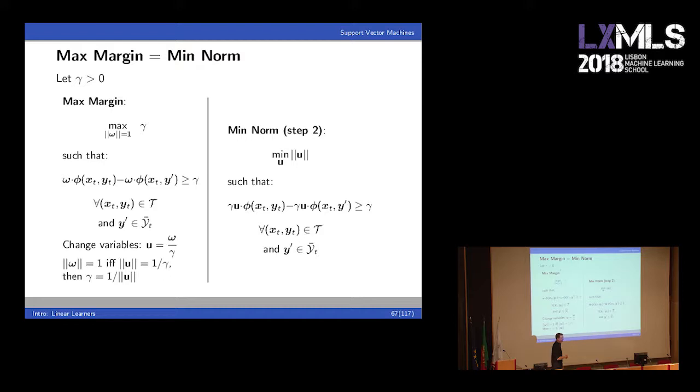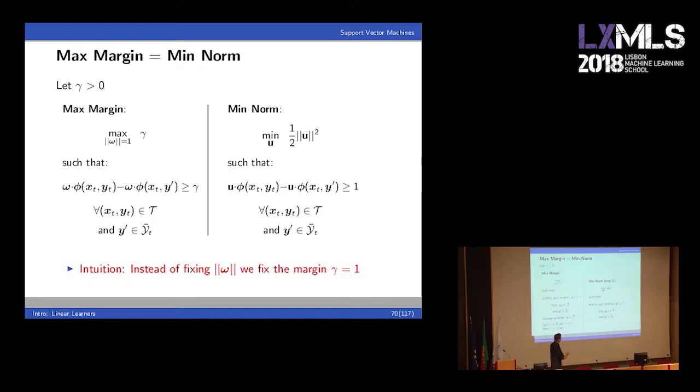We have to have a constraint in order to avoid trivial solutions, and the constraint before was that the norm of the weight vector has to be 1, and now the constraint is that the margin has to be 1. It's as trivial as that. It's the same constraint. It's not that 1 is a better number than 2 or 3 or 1/2. It just falls out of this way of setting up the problem.